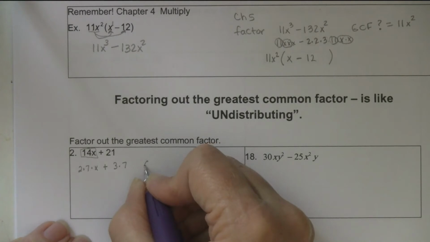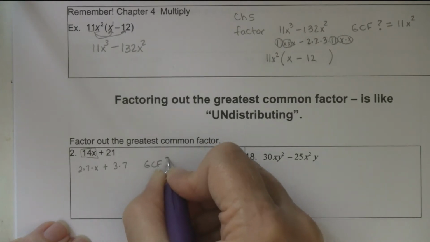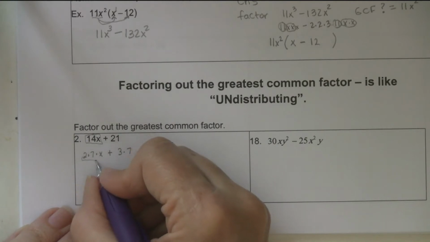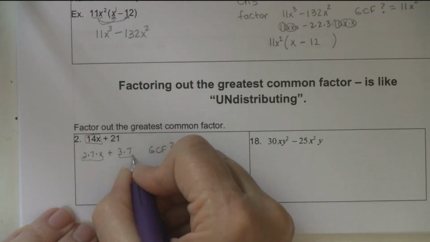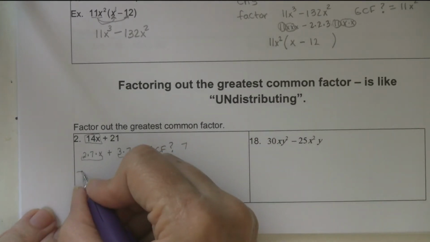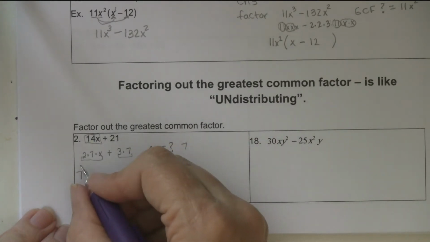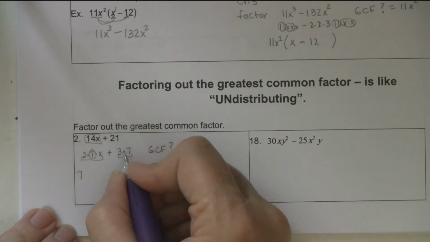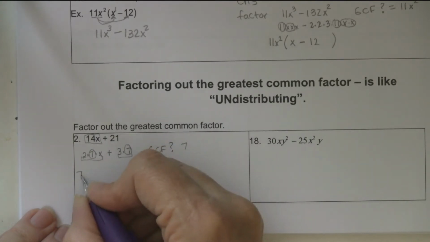And now when I'm asking myself, what is the greatest common factor? That's the first step. I can see, well, what do these have in common? Well, this and this have 7 in common. So what do you do with the 7? You put it in the front. You divide it off to the front, so to speak. So I'm going to circle the 7, and I'm going to pull it to the front.